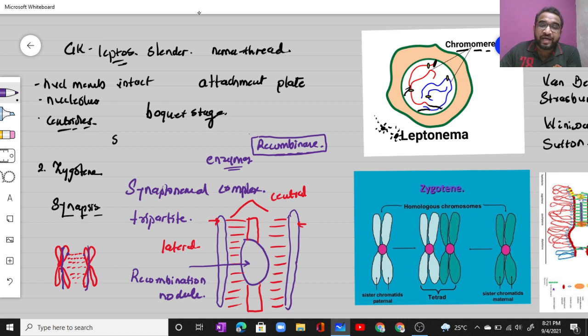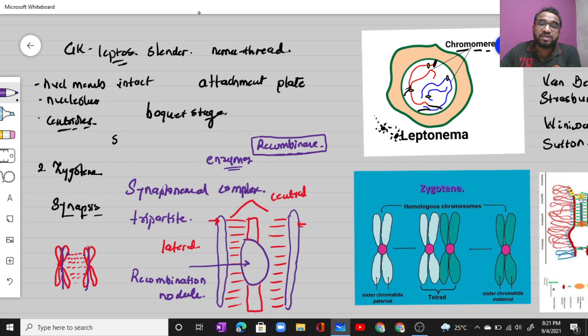So in zygote, let us have a recap: synapsis takes place, that is, the homologous chromosomes pair up and the synaptonemal complex forms. We saw what a synaptonemal complex is. It is a nucleoprotein complex, and there are two elements: one is the central element and the other are the lateral elements.